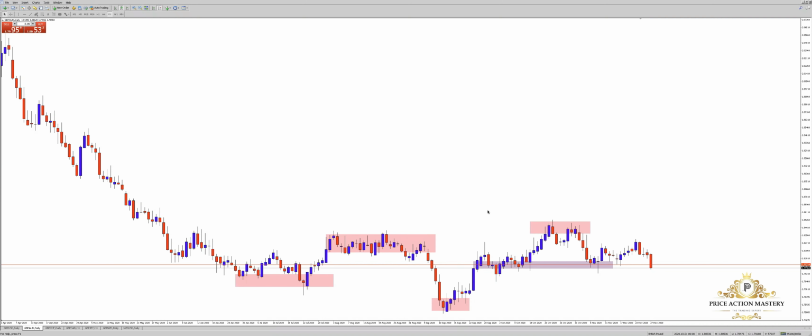So in our opinion, the market is still being held up by this support area. If you want to buy, this area will be favorable. But if the market is able to break lower than this level, I can see it continuing downwards until this level.